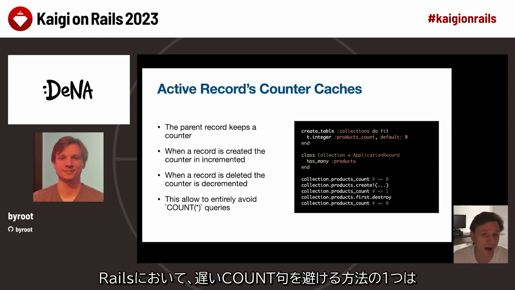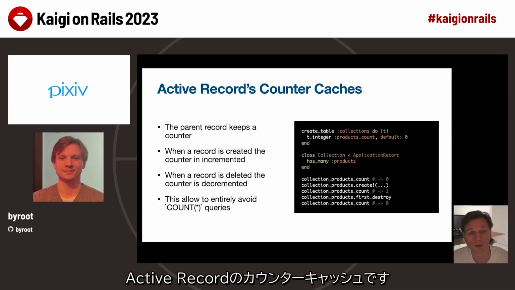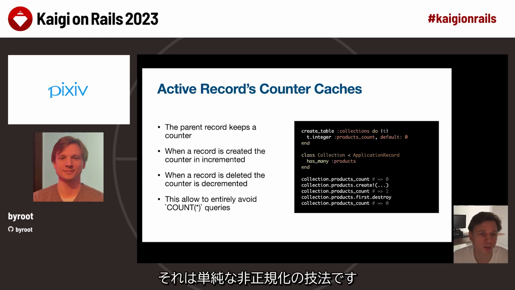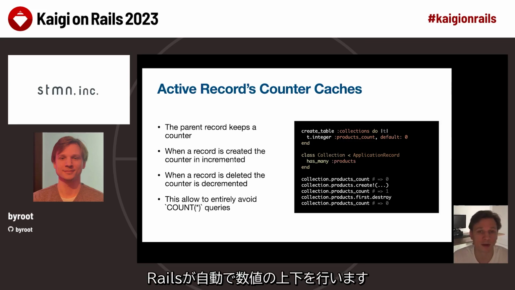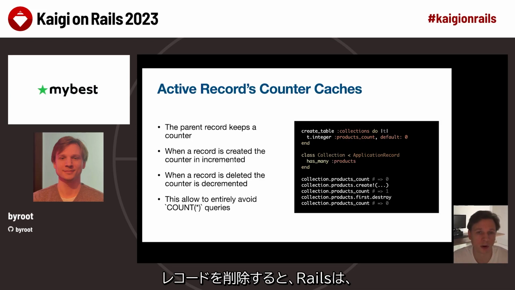So first I need to explain a bit: the usual way you avoid slow count queries with Rails is to use Active Record's counter caches. It's a fairly simple denormalization technique. You just create a column on the parent model, and Rails takes care of incrementing and decrementing that column whenever you create or destroy a record.